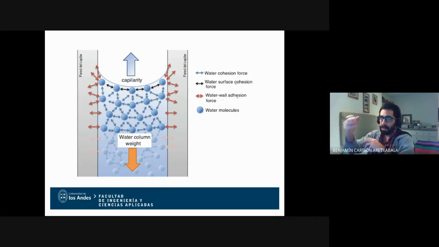Let's say you have a water column within a small pipe, and you have adhesion between the water molecules and the pipe walls, which might make it stick to the walls. And you're going to have this shape here, and this shape is going to be kept by capillarity. There are going to be forces in this boundary. They're going to be pulling up the rest of the molecules.